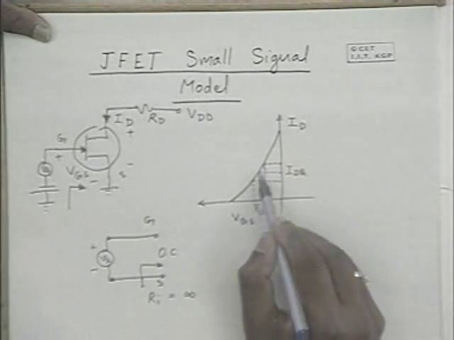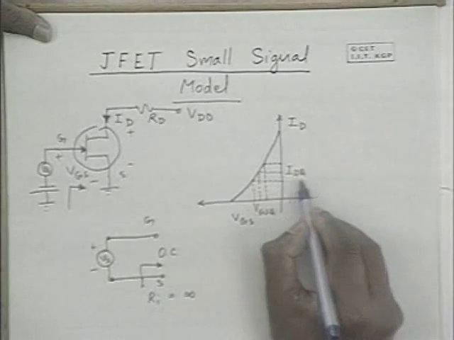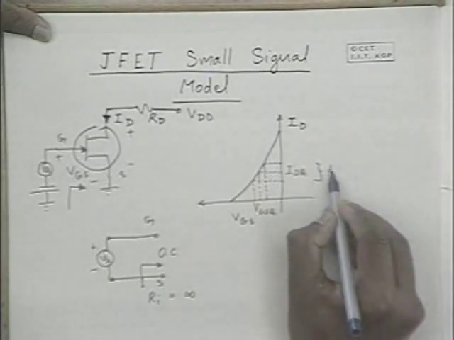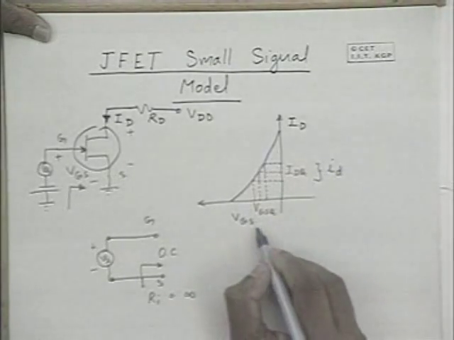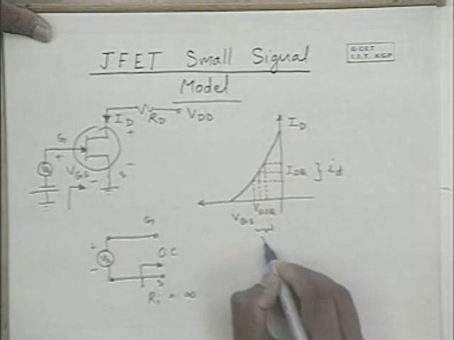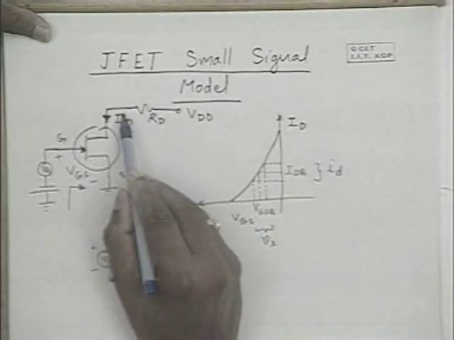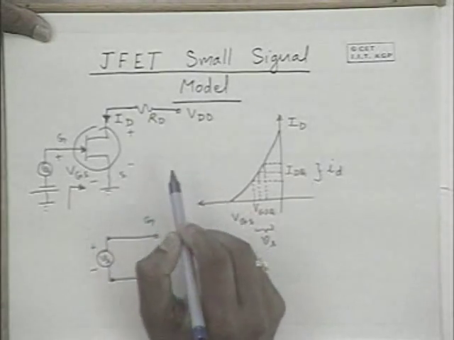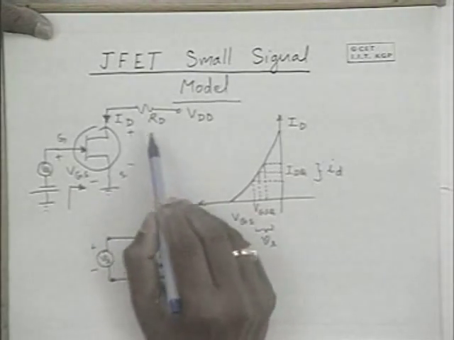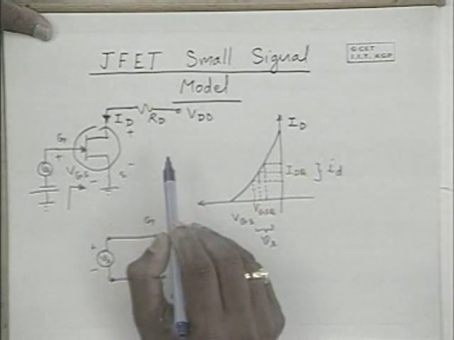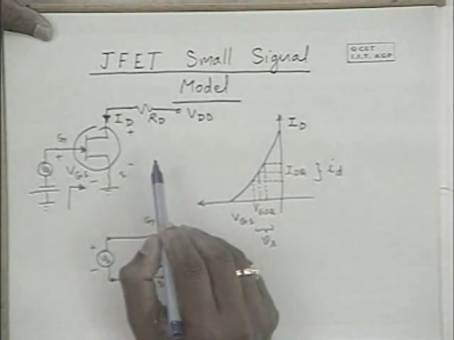And this alternating ID, for this Vs around the Q point, is responsible for an amplified voltage drop across this capital RD, across the drain resistance.